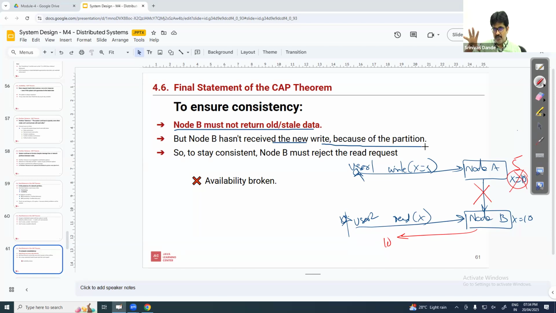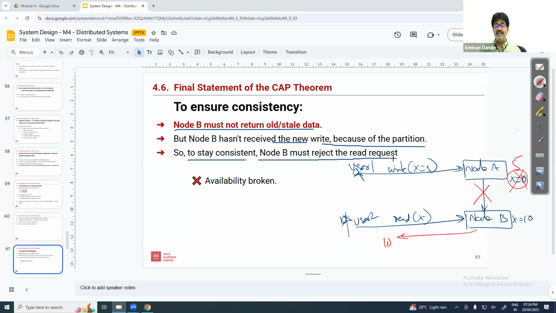Partition means separation, disconnection. So to stay consistent, remember this carefully, listen to this carefully. If you want to make this system consistent, then node B must reject the read request.